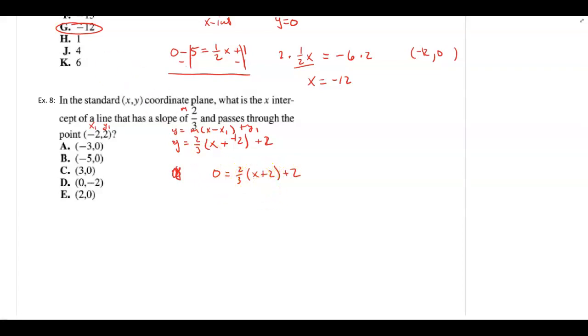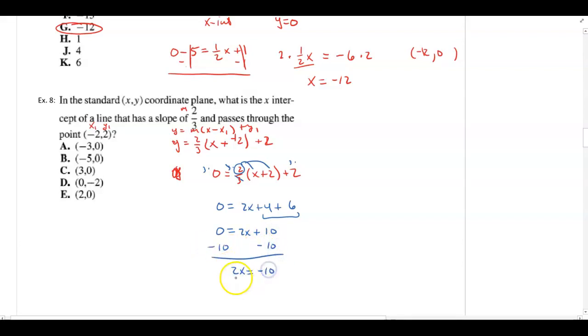No. What I like to do is eliminate the fractions by multiplying everything outside the parentheses by 3, which would give me 0 equals, these 3's would eliminate, and I'm going to go ahead and distribute the 2. Plus 3 times 2 is 6. Now, 0 equals 2x plus 4 plus 6 is 10. Subtract 10. 2x equals negative 10. Divide by 2, x equals negative 5, which would be letter B.